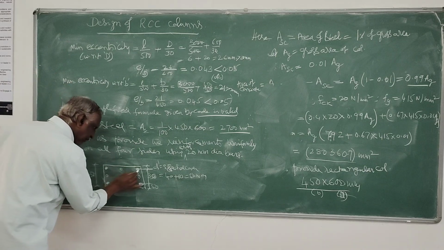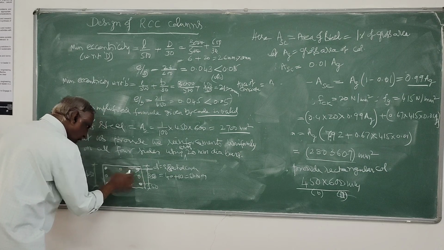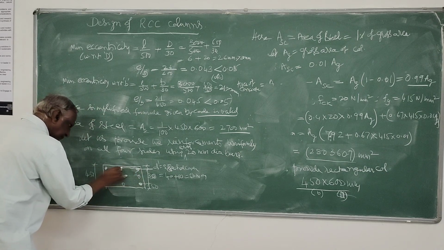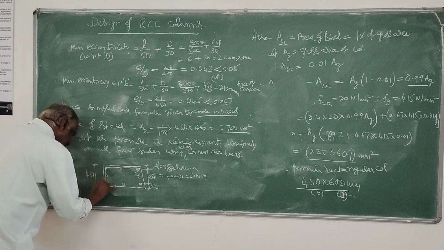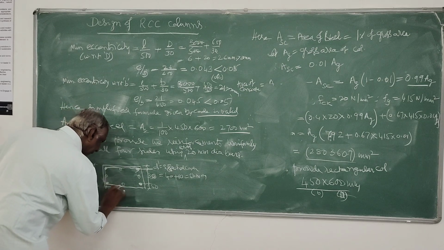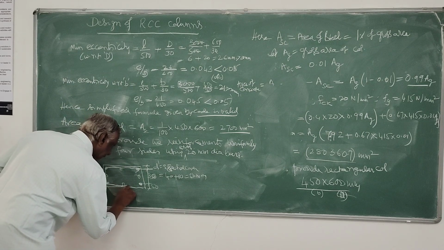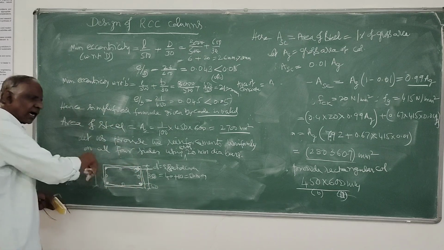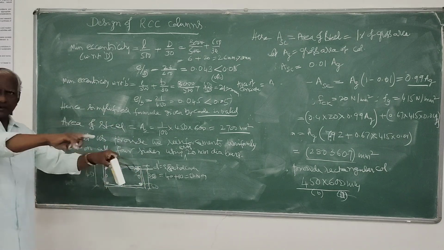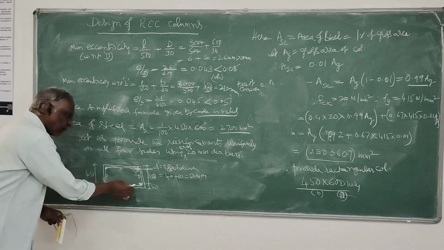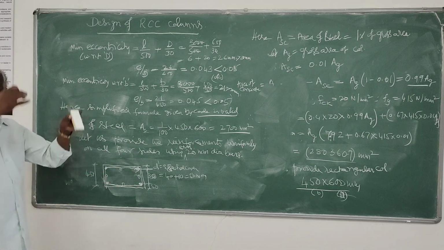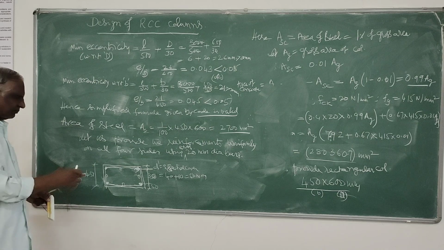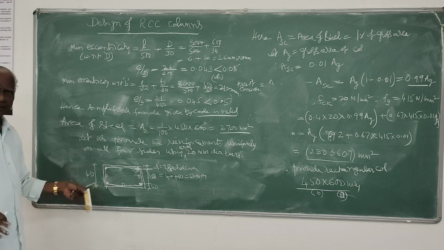Now we have to provide 4 minimum number of bars all round like this, and we have to interconnect them by ties like this. One tie I have provided like this, covering these 4 bars. I have given sufficient support by the ties.